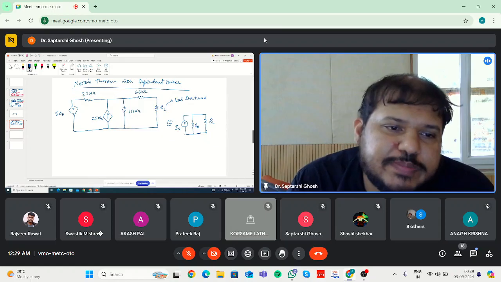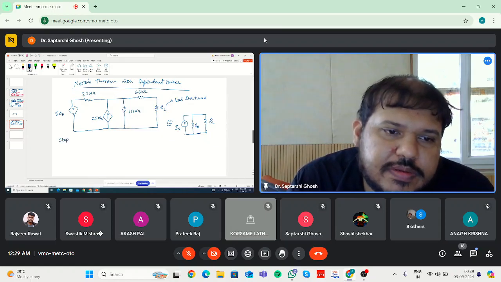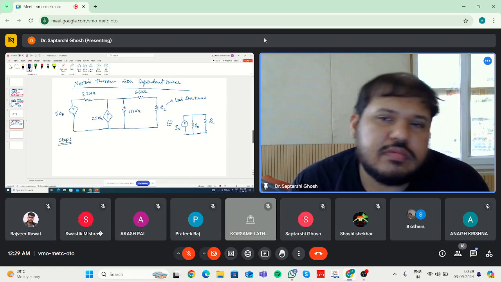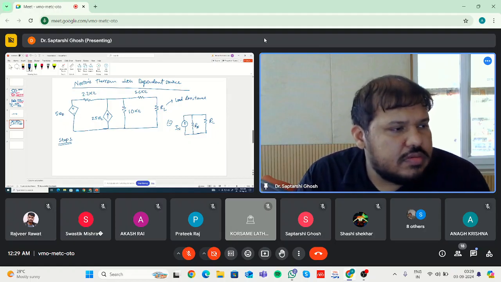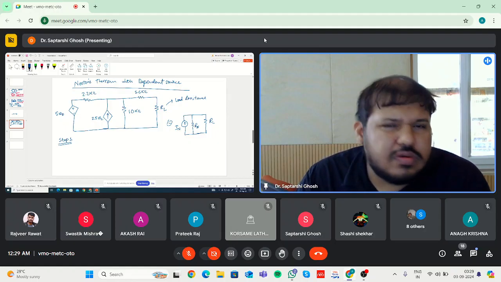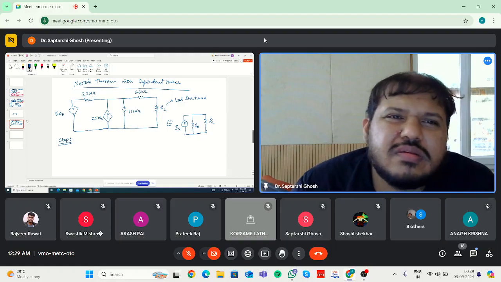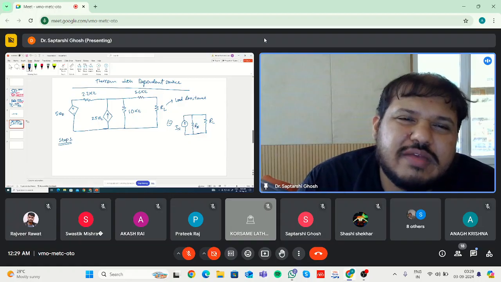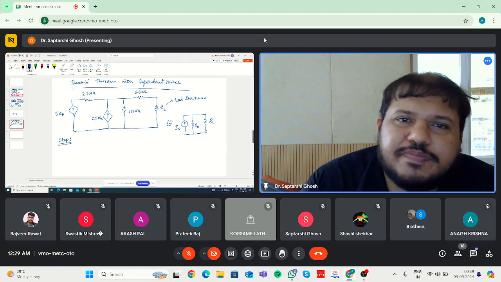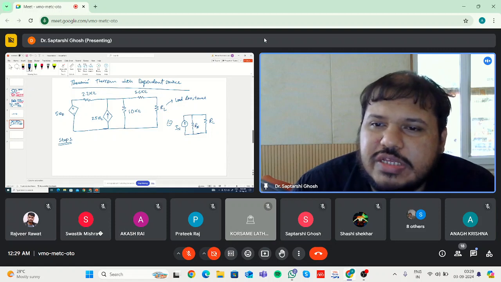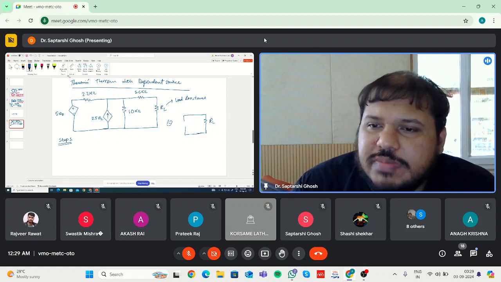So what are the steps? The first step, or we can start with Thevenin's also. Let us first start with Thevenin's. How to apply Thevenin's theorem with a dependent source. The equivalent circuit will be like this.